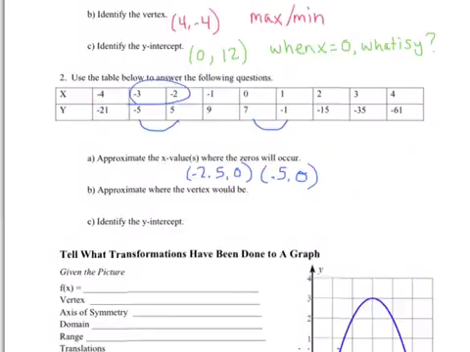So I'm looking for a point where it reaches its highest point, which happens somewhere around the (-1, 9) mark. So I'm going to let you say (-1, 9) is the vertex. And then the y-intercept, again, happens when x is 0. This one needs to be exact. It's from our chart, (0, 7).